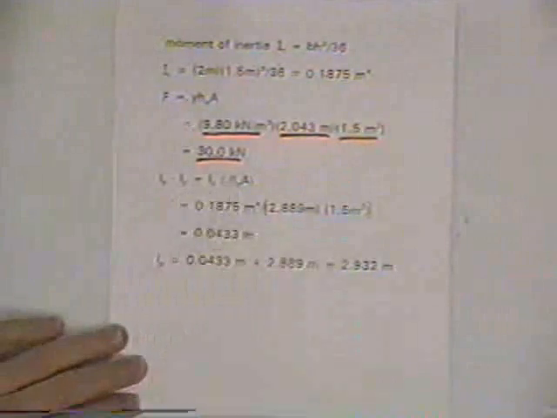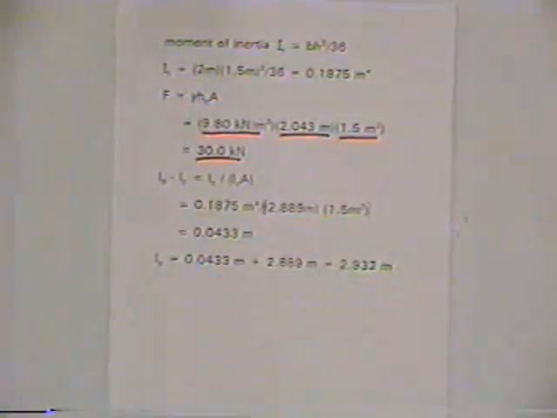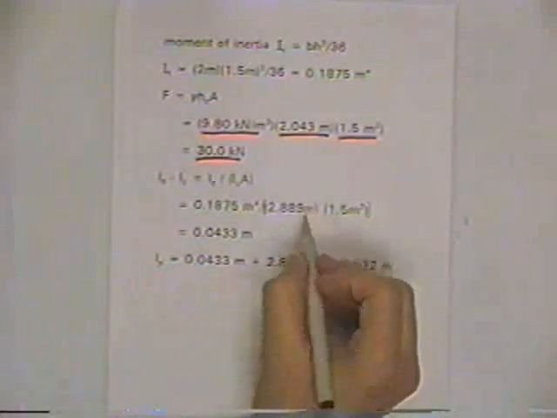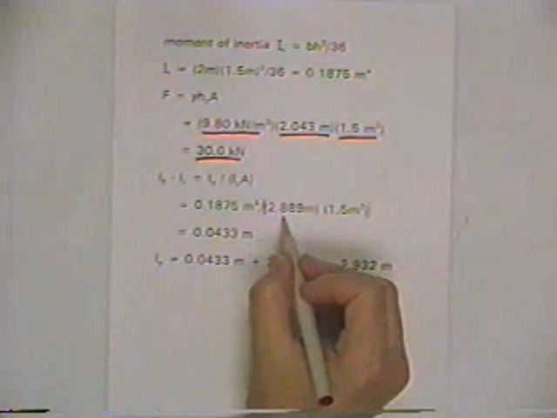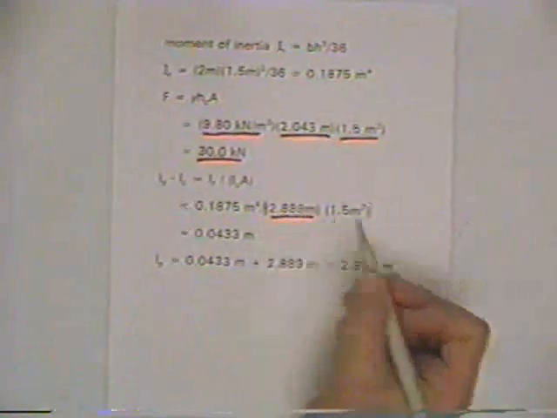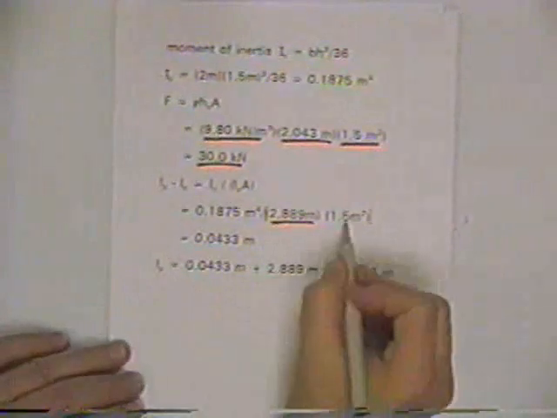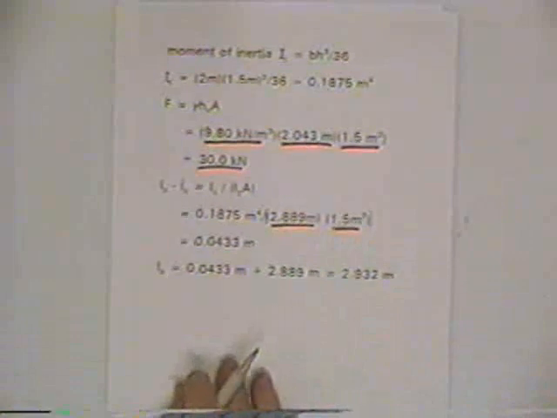And then we can use this formula that we've seen before to plug in the numbers to locate the force. And so we've got the distance along the incline from the water surface to the center of gravity, which we computed previously. We've got the area, which we've computed previously.